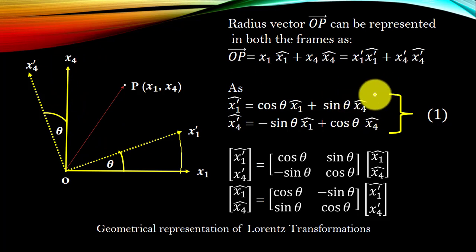Clear? Similarly, now if I take this vector here x4 cap, and suppose I am taking a unit vector here and I have to take its component along x1 cap and x4 cap. So as this is making an angle theta here, x4 cap is also making an angle theta here. So x4 cap will have a component along the x4 direction, the component will be cos, and along the x1 direction it will be sin, and with the negative sign because x1 is positive here, and I will have to draw a line here.